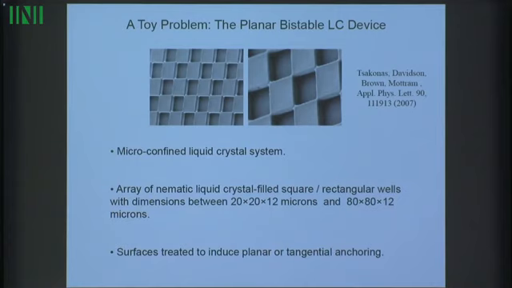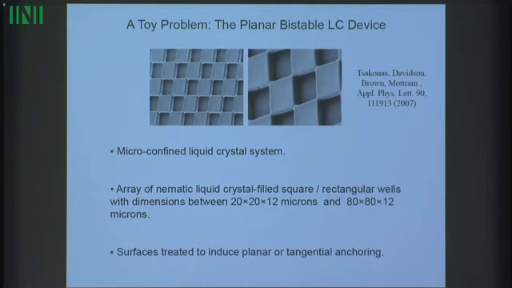And quite importantly, if you do liquid crystals, and we've heard quite a few of these liquid crystal talks, we really need to worry about boundary conditions. And as far as we know, these wells, they have surfaces. So in principle, if you think of a closed well, I know the pictures give the impression that the top surface is open, but if you think of a closed square or rectangular well, then you have 6 surfaces.